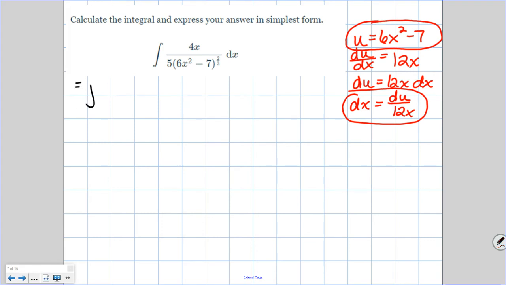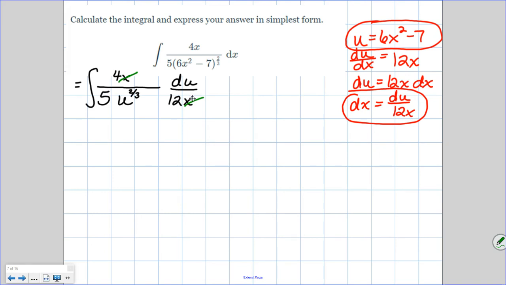So this will be the integral of, let's see, 4x, can't substitute in for that yet, over 5. Now we said 6x squared minus 7 would be the u, so 5 times u to the 2/3. And instead of dx, I have du over 12x. And look what happens. These x's can divide out, so those are gone.